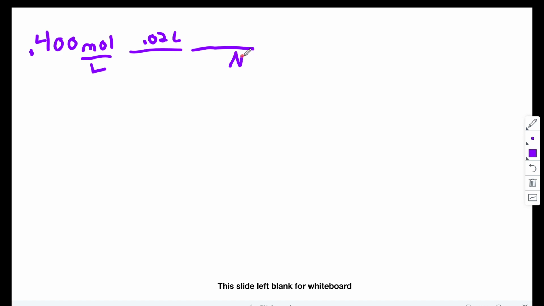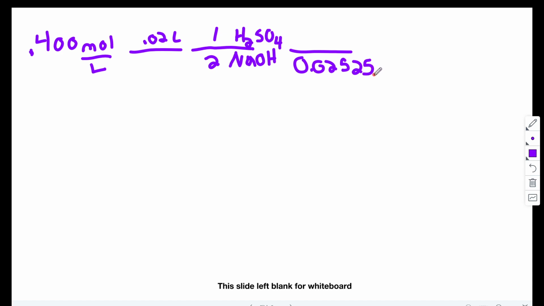And it looks like the NaOH, there were 2 of them. H2SO4. And it said that the total amount of them that we had was 0.02525 liters.